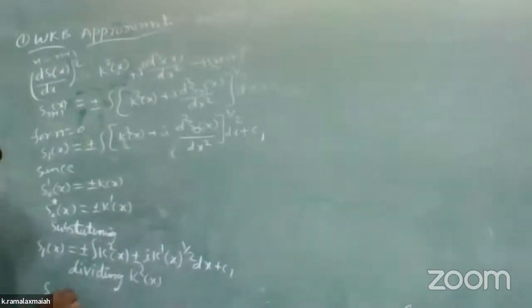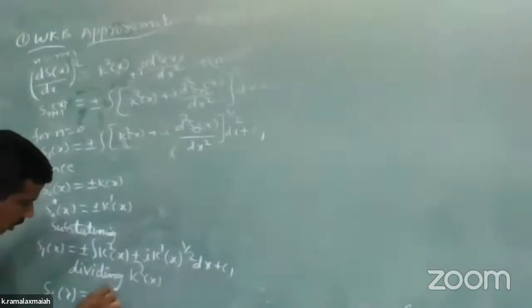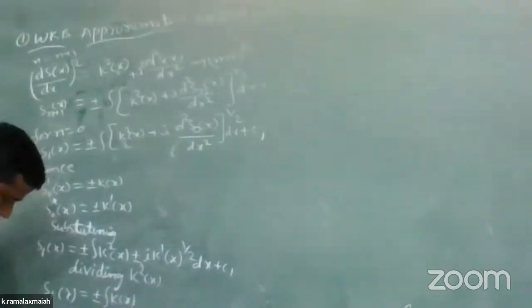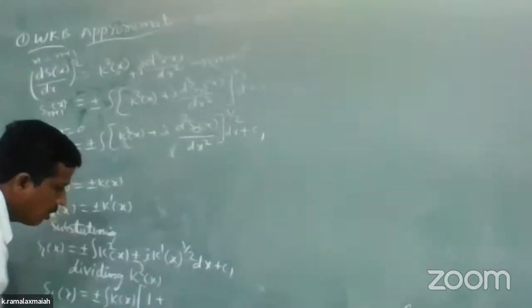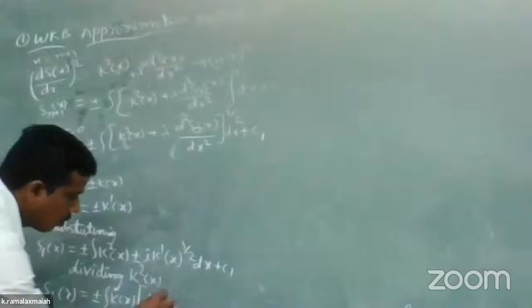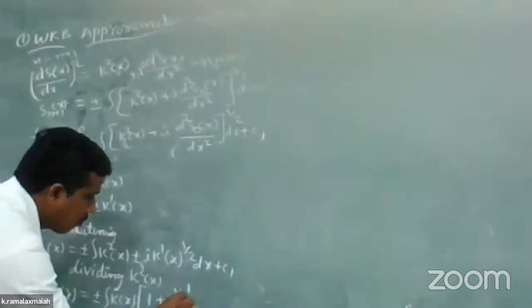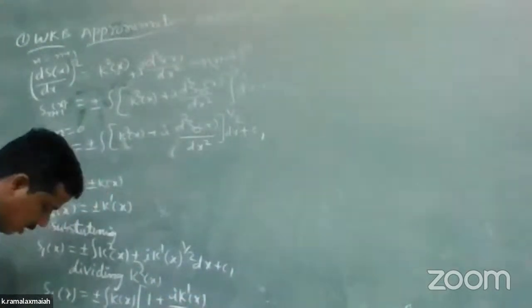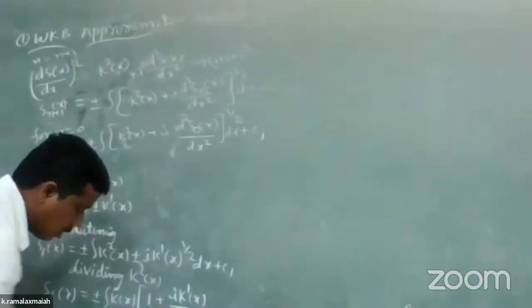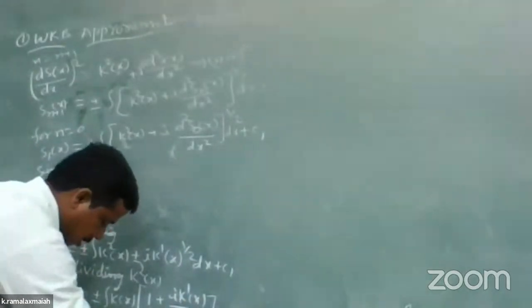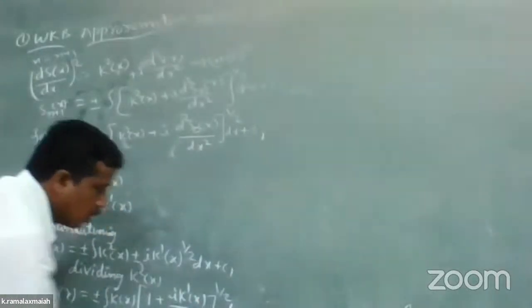S1 of x is equal to plus or minus integral of k of x times the square root of 1 plus i k dash of x by k square of x, to the power 1/2, dx plus c1.